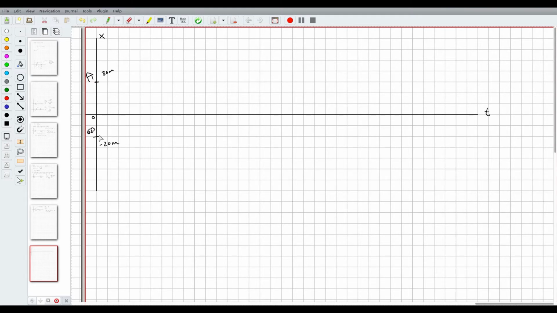Okay. So let me draw our little graph here, and then we'll talk about what's going on. Okay, so think of progressing this way.